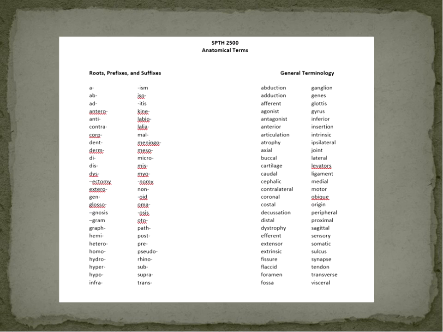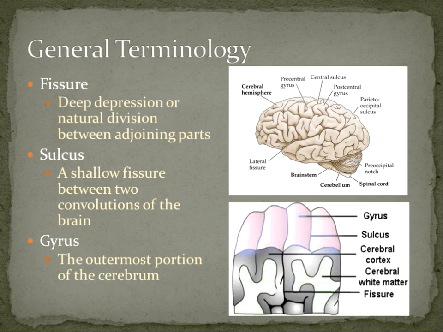But you'll be assessed on this during the first exam, not this weekend, but the upcoming weekend. The definitions of all of these are located in your book. If you don't have the book yet, I'm sure you can find it online.